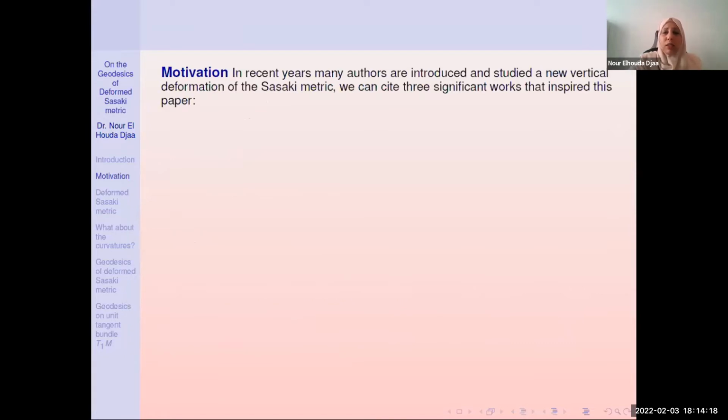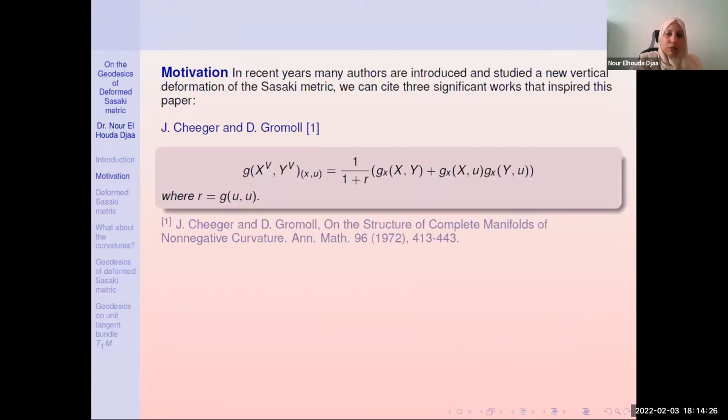Well, in the last years, many authors have studied and introduced new vertical deformations of Sasaki metric. I can cite significant work that inspired this paper. First of all, I'd like to introduce the Cheeger-Gromoll metric, which is, I guess, the best known metric in this area. Many authors studied this metric in detail.